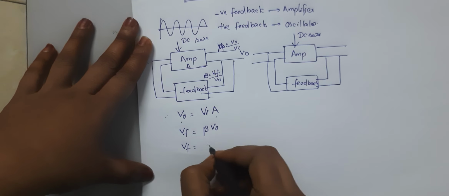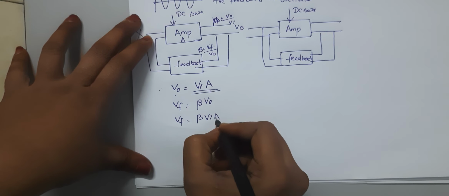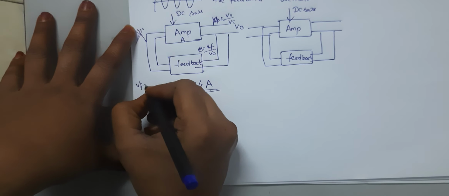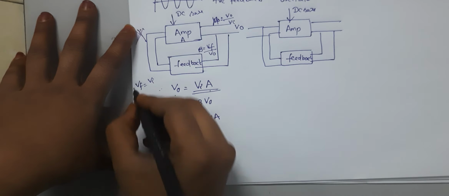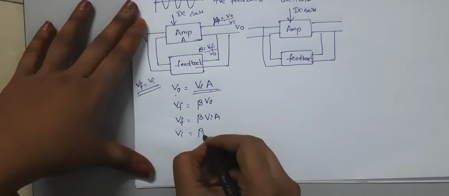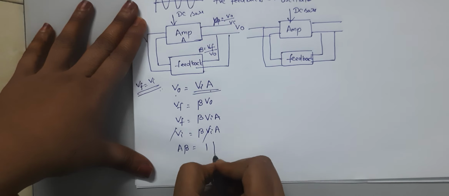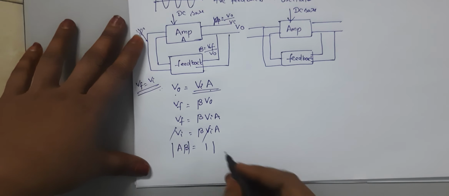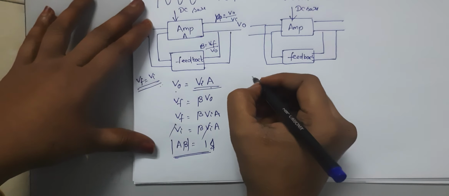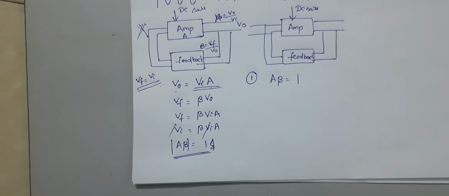So again Vf is equal to beta into Vi into A. Here there is no input signal, so Vf acts as the input signal again. So Vf is equal to Vi, so Vi equals beta Vi A. So A beta is equal to 1. These are the first condition for the oscillator: A beta is equal to 1.